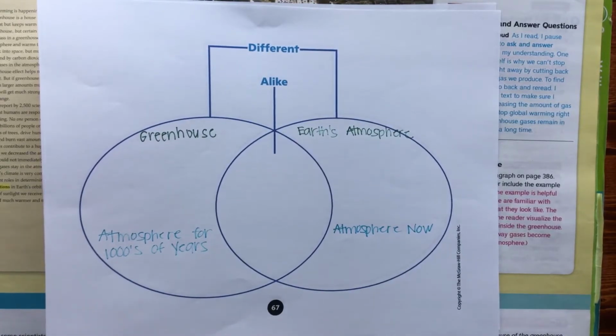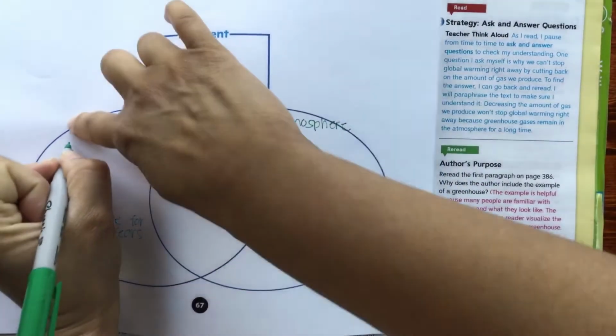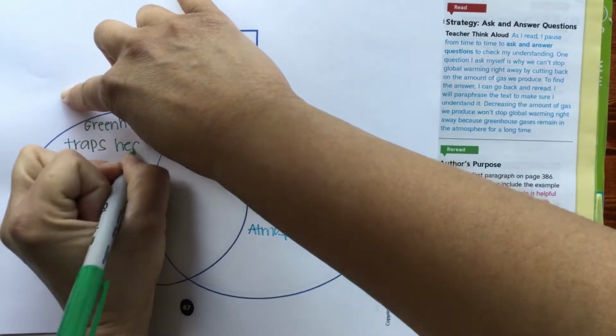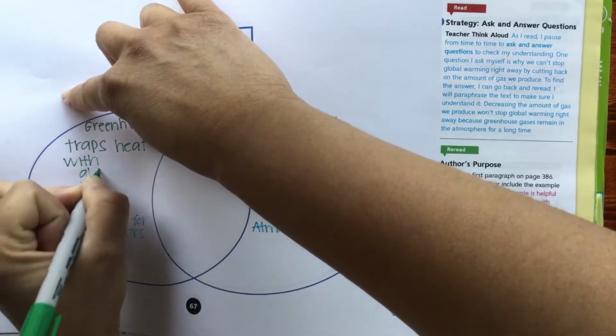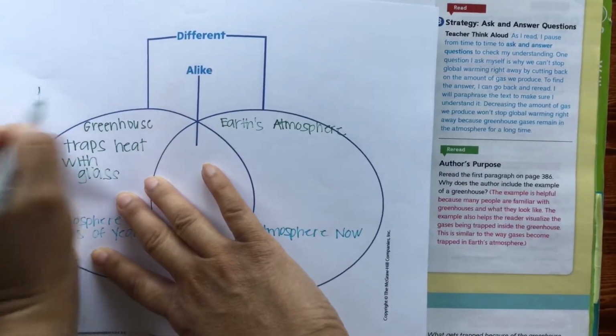So when we read, we know that a greenhouse traps heat with glass. So again, I'm just going to draw a little picture.